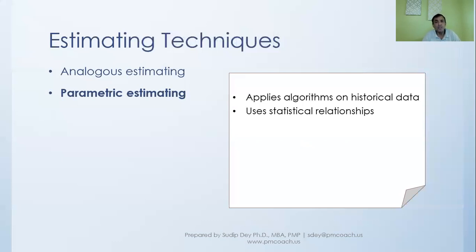It also can use statistical relationships. And of course, accuracy depends on model and data. So let me give another example. Let's say we are doing a software project. We want to do estimation. And let's assume we are using something called function point analysis.